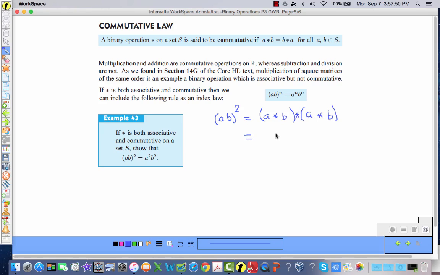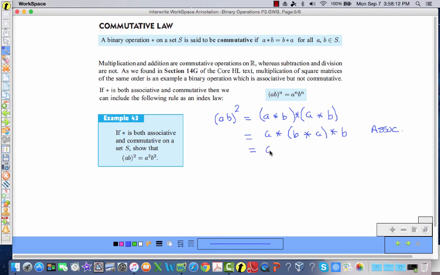And then I can say by the associative property that this is true: A star B star A star B. So all I've done is drop these parentheses and move them around a bit, and this is true by the associative property. I'll just put assoc there.